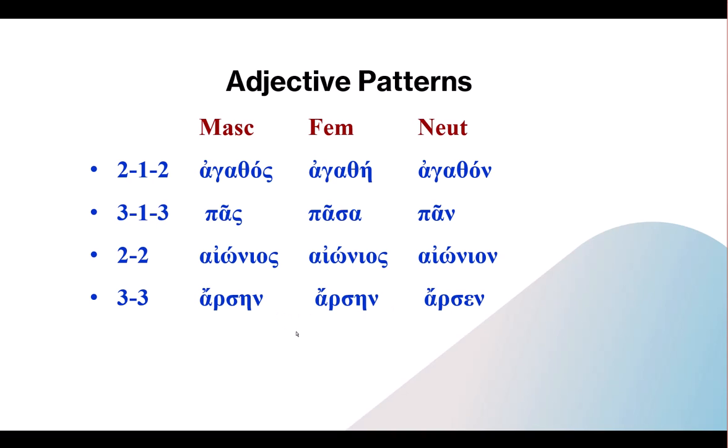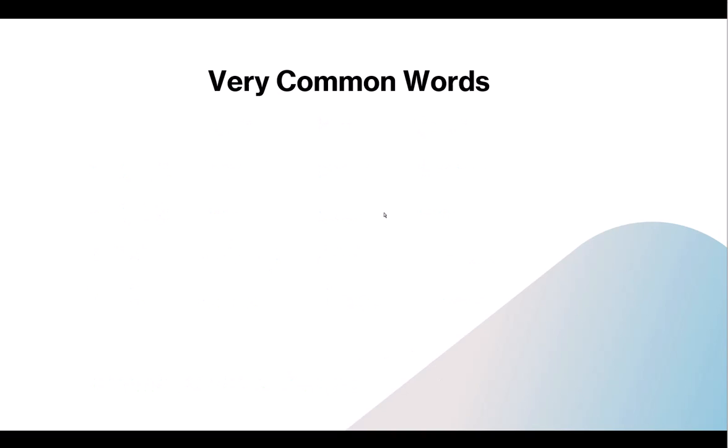So when we looked at the example for sarx above, sarx was the same for masculine and feminine, and then it was slightly different for neuter, but they were all third declension. So these are outlined in Mounce's section 10.24. This is something to be aware of, but not something that you need to memorize at this point.